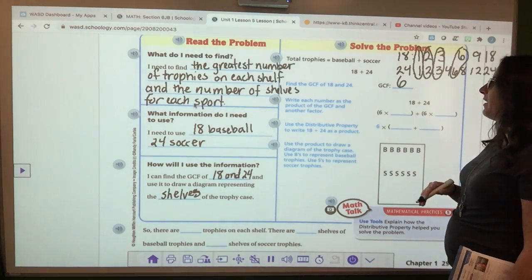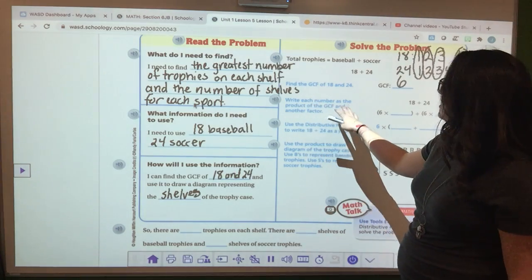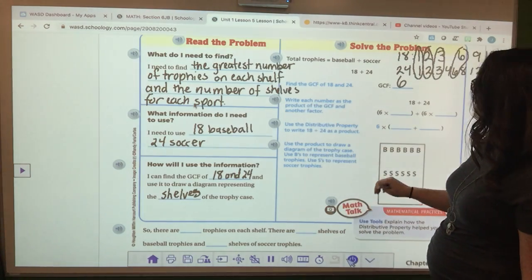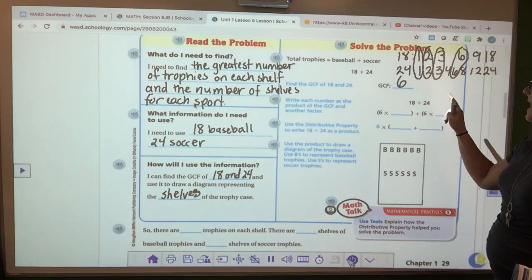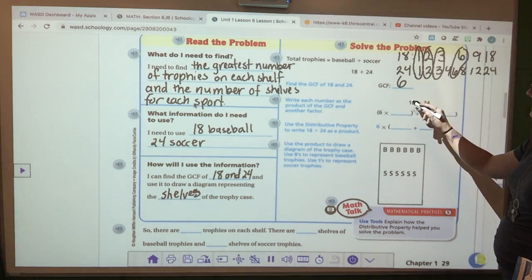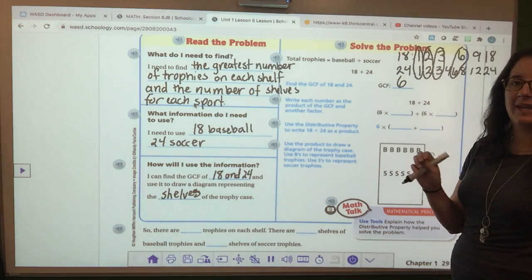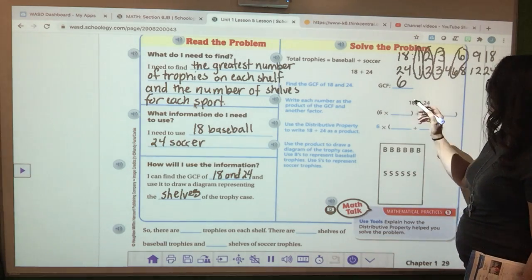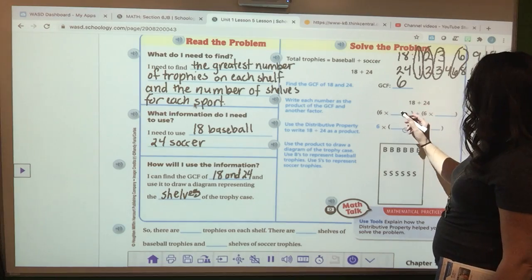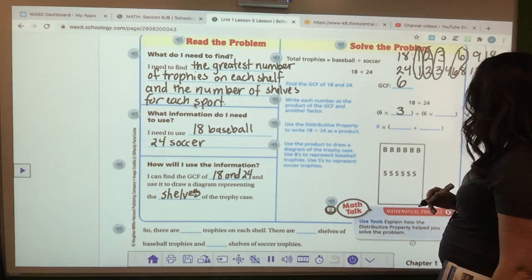Now, if you remember on Friday, we talked about the distributive property, and we were writing each number as the product of the GCF and another factor. That's what we're doing here. We're breaking 18 and 24 into these multiplication problems. So we have 6 times what equals 18? Well, that's 6 times 3 equals 18.